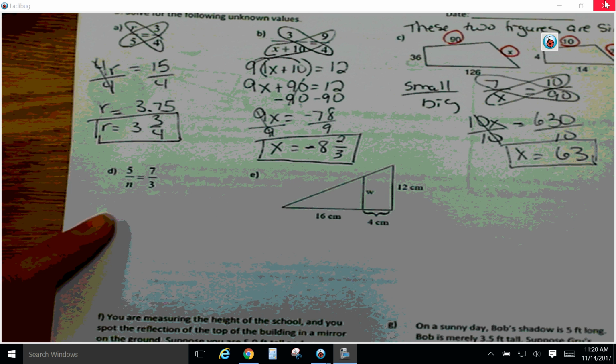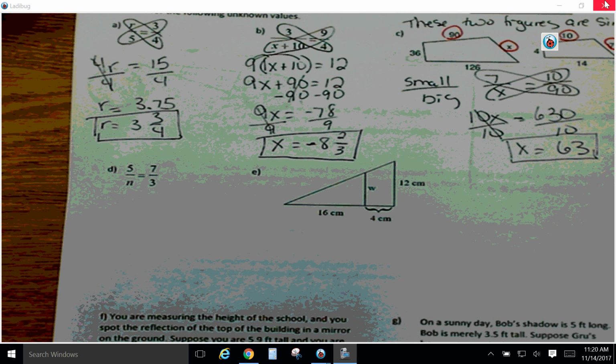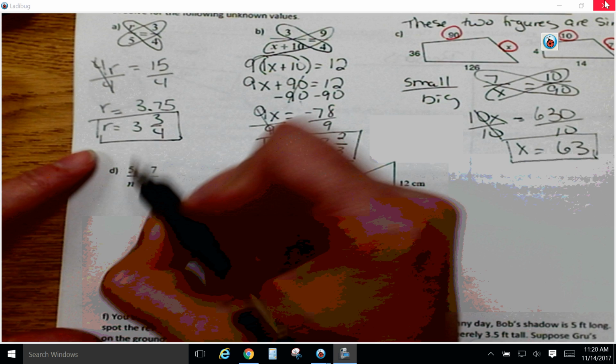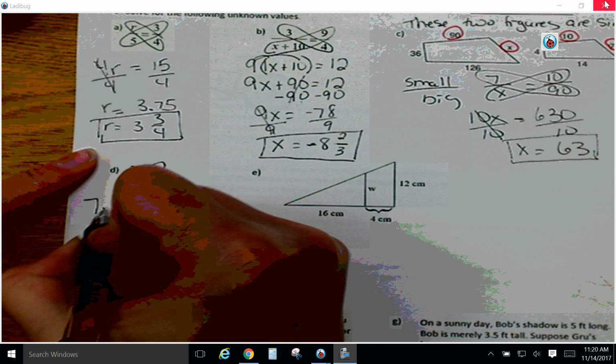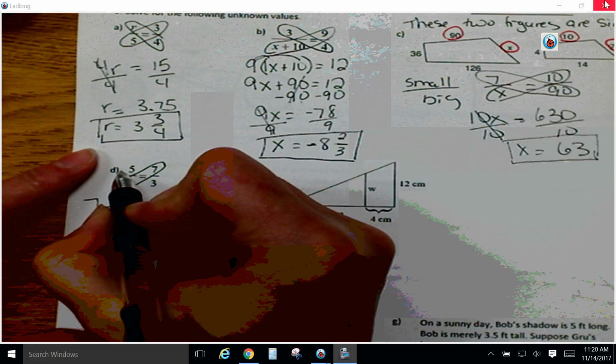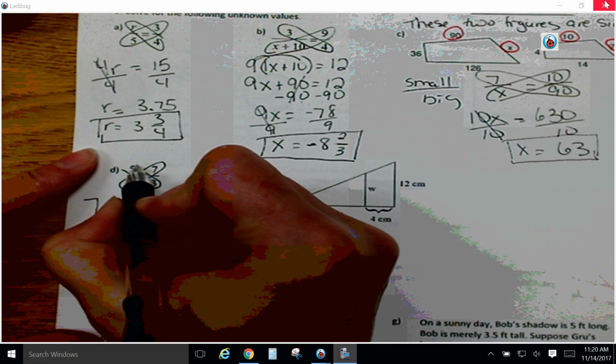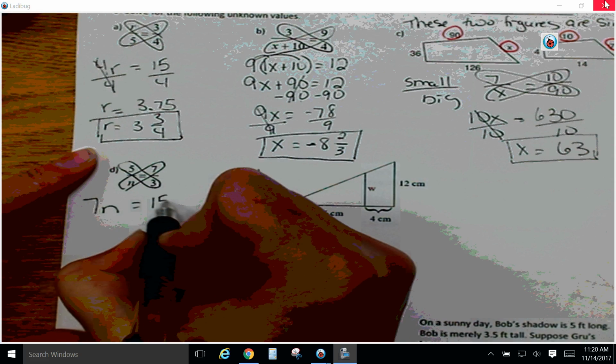Let's look at D. Once again, D is just a proportion, so I'm solving for the unknown value, which is n. So I'm going to take n times 7, and I'm going to get 7n. Because they're across from each other, I'm going to take 5 times 3, and that's 15.